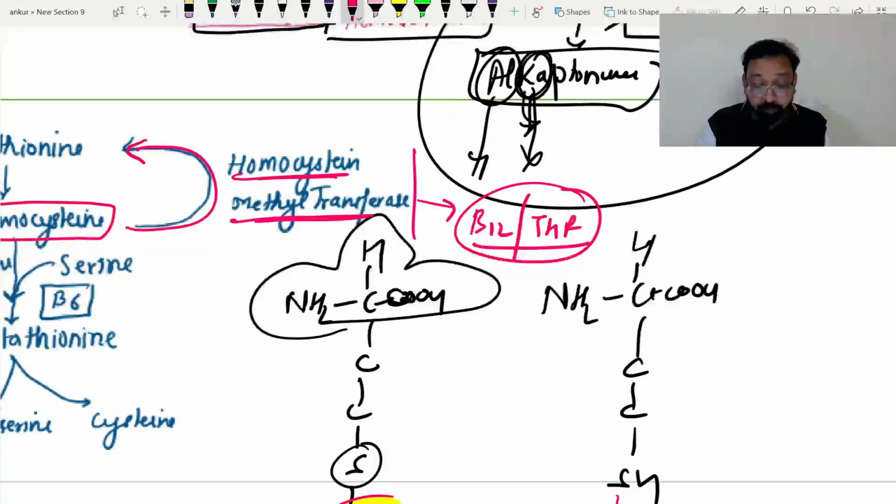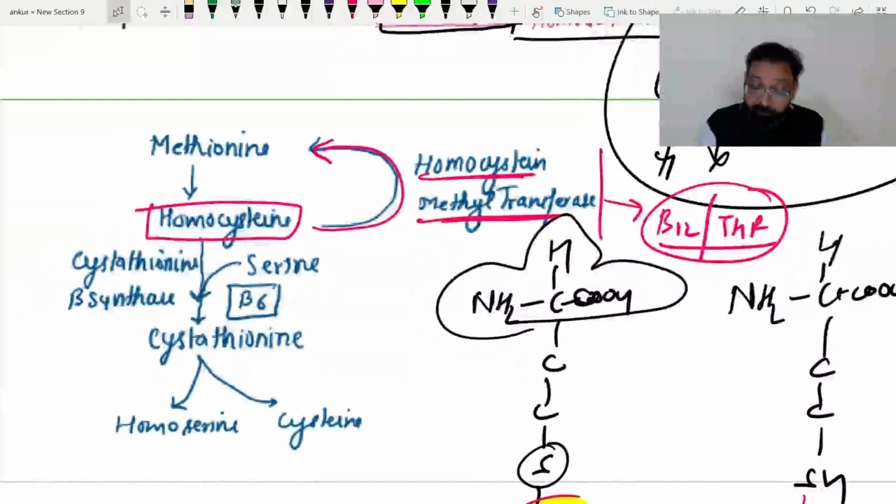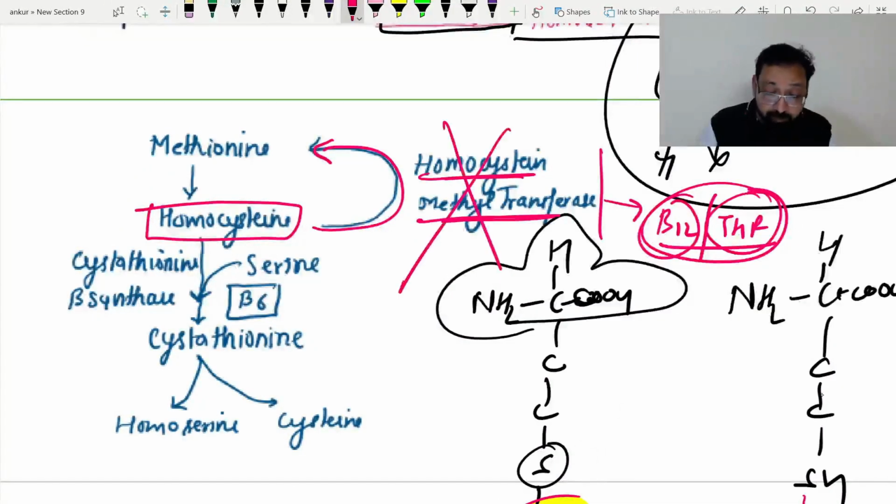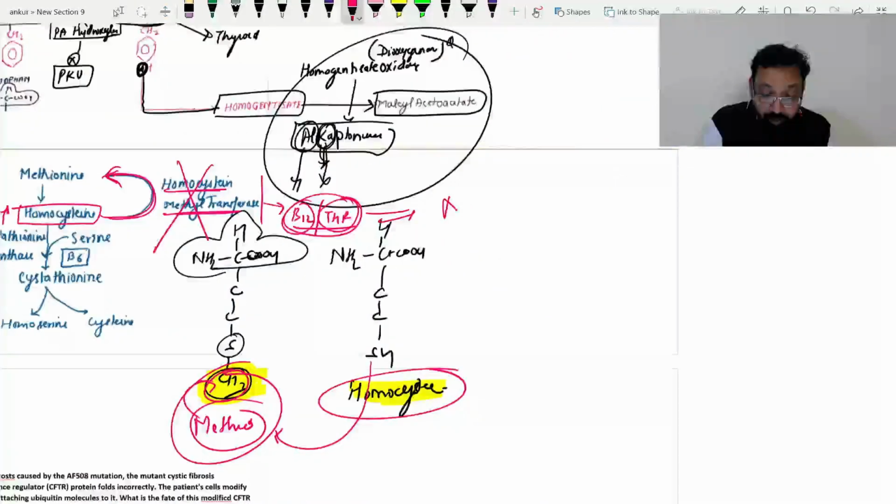If any one of these, B12 or folic acid, is deficient, this enzyme will not work. Homocysteine will not be converted to methionine. Homocysteine will increase. This is called non-classical homocysteinemia.